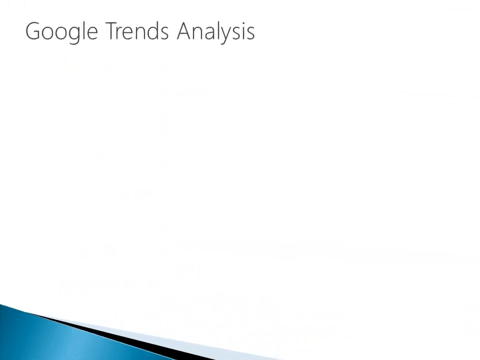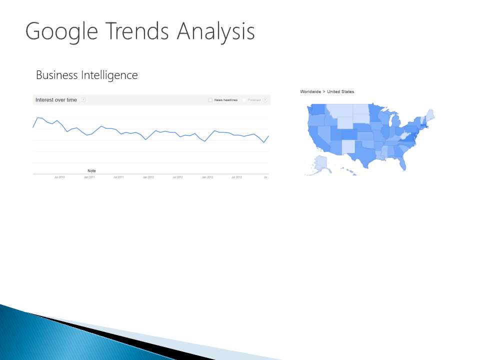I also spent a little time doing a Google trend analysis, and this is a very high-level overview just to showcase what we see at a more macro scale. If I look at the Google trend for the search term business intelligence, we find that the interest over time is kind of flat.